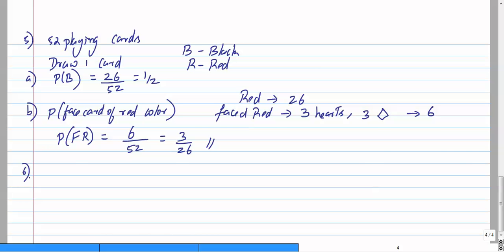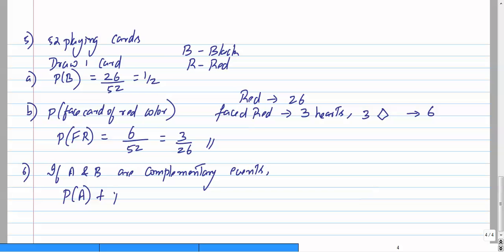Now, if A and B are complementary events, we can say that the probability of A plus the probability of B is equal to 1. Why?